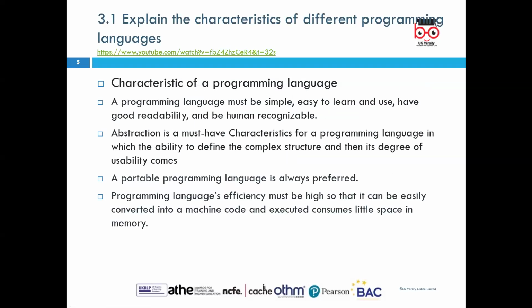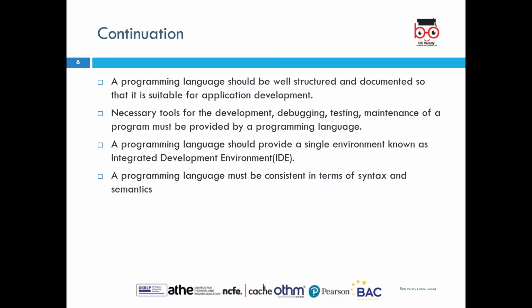They also have to be portable. A programming language like Java, for instance, can be used in different types of environments. They also have to have efficiency, where the code can be easily converted into machine code and executed, and it also consumes a little space of memory.